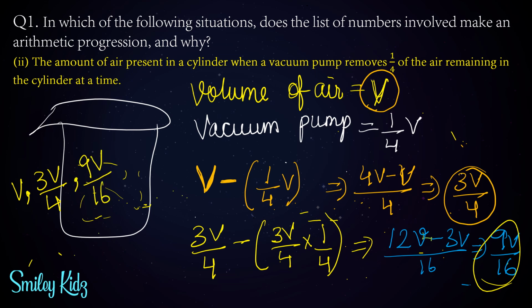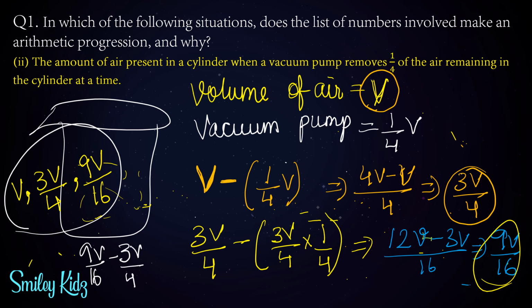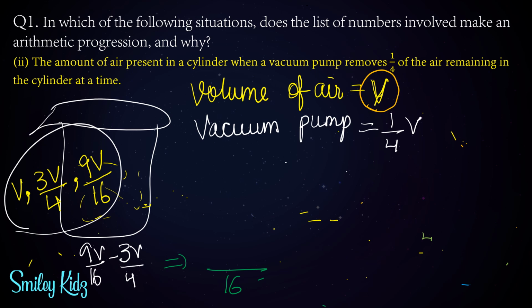Now, in this particular set of numbers, do you find any common difference? I don't think so. Let's try it out. 9V upon 16 minus 3V upon 4 gives me what? I'm going to take 16 as the LCM, so it's going to be 9V minus 12V, which is minus 3V upon 16.